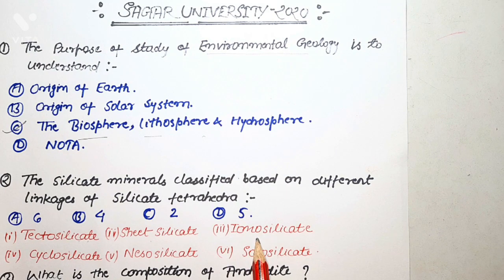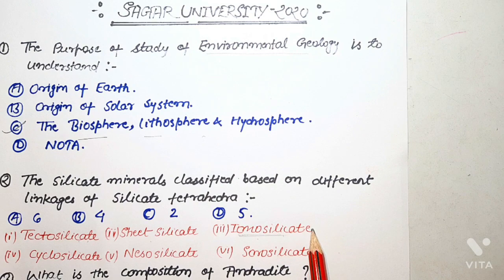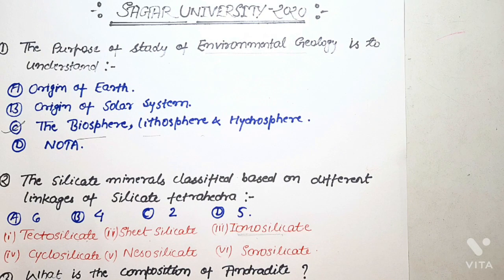Inosilicate is divided into two parts. These are also known as chain silicate, and these are divided into single chain silicate and double chain silicate. Pyroxenes come under single chain silicate and amphiboles come under double chain silicate. Ratio of Si:O in single chain silicate is 1:3, while in double chain silicate it is 4:11.